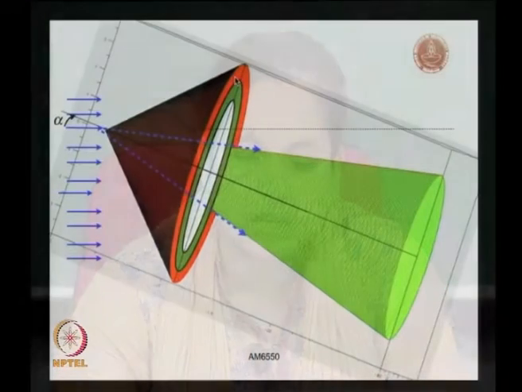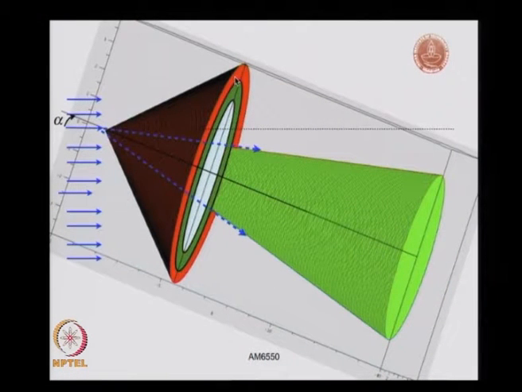Now, let us look at this. The way the cone is located, only two streamlines, right at the top of the cone and at the bottom of the cone, will be sort of straight lines, and they are the ones which will guide along the top and bottom surface of the cone.